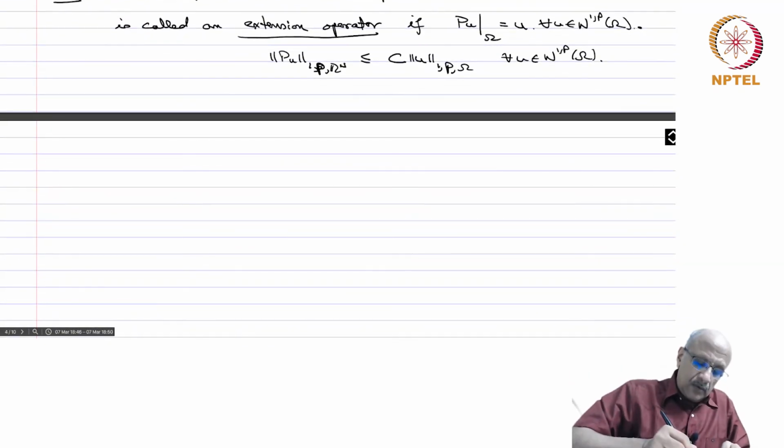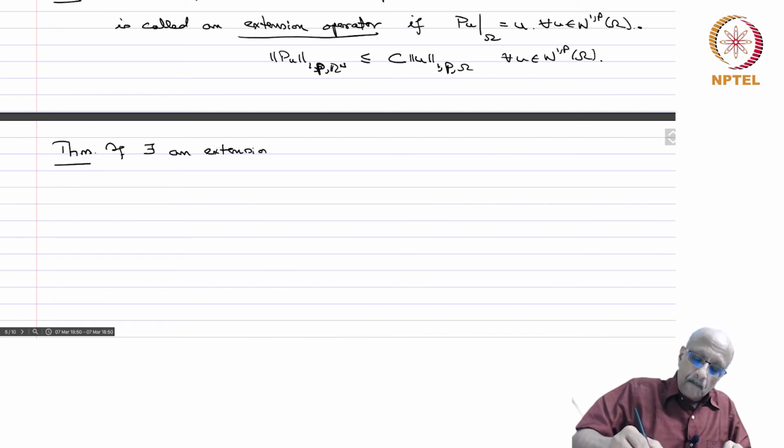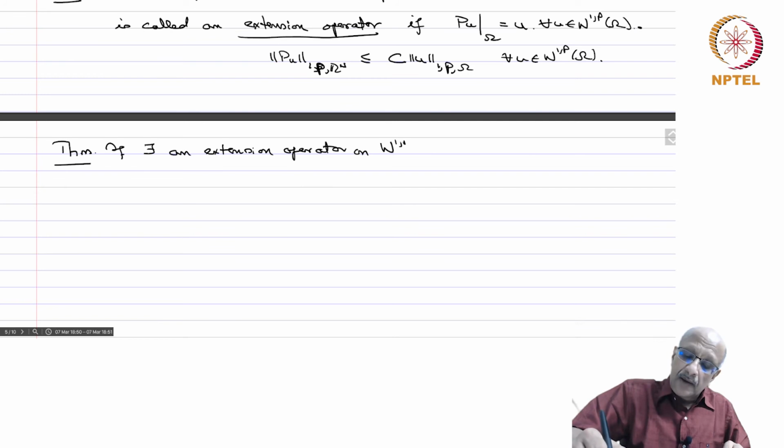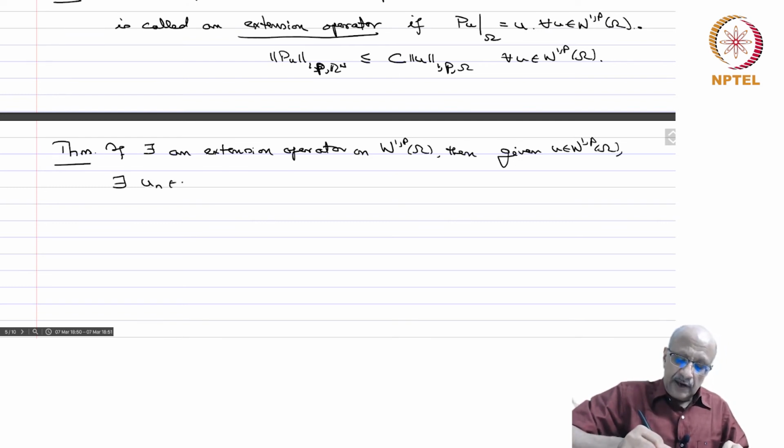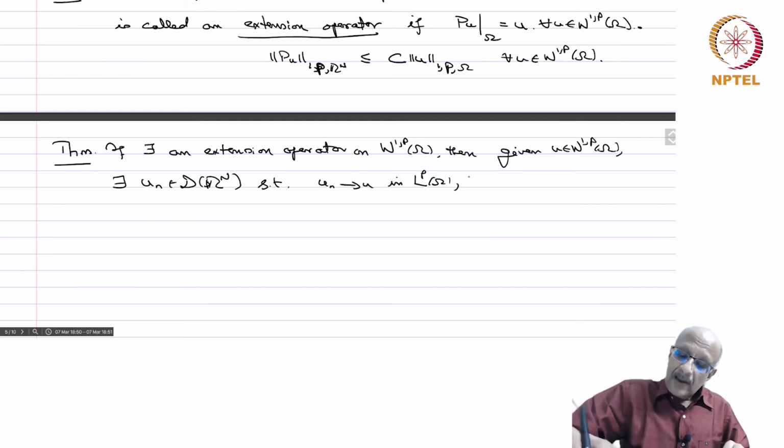Okay. So, now the theorem says, if there exists an extension operator on W^{1,p}(omega), then given u in W^{1,p}(omega), there exists u_n in D of Rn, such that u_n goes to u in Lp(omega) and du_n/dx_i goes to du/dx_i in Lp(omega).